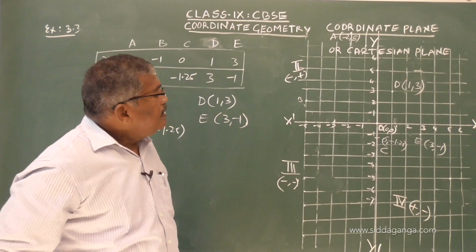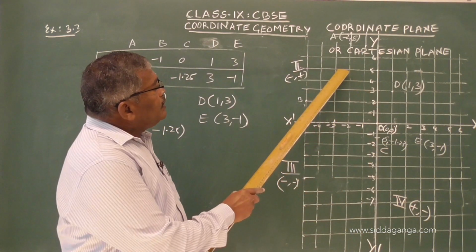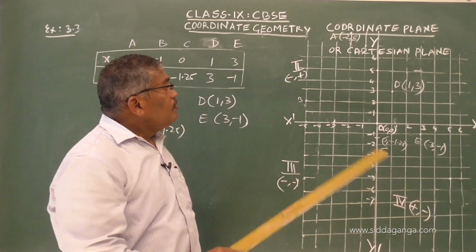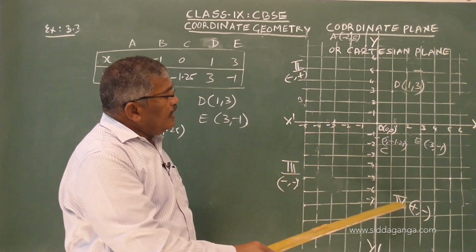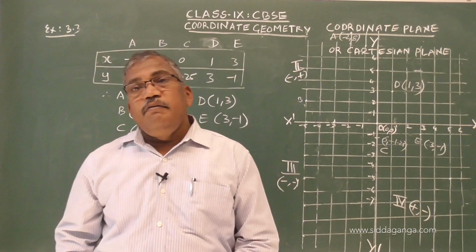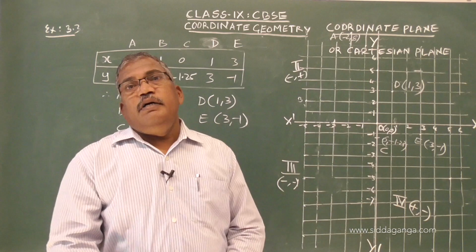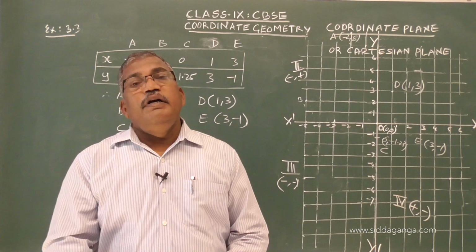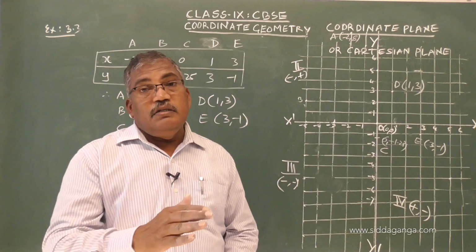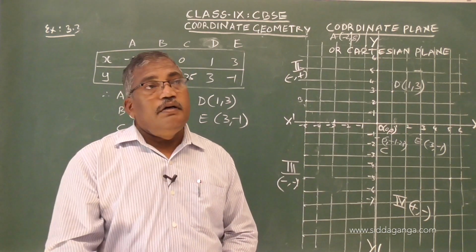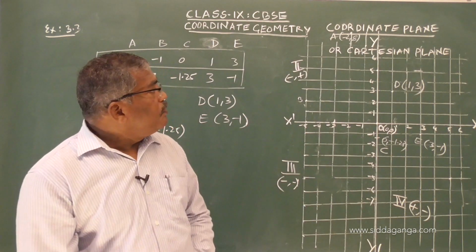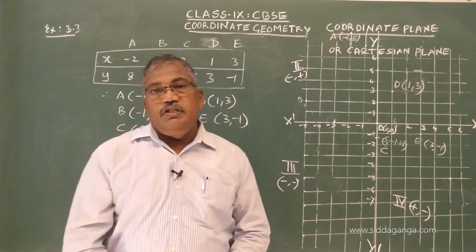Using coordinates, we can find the distance between any 2 points. We can have a diagram of any 3 or 4 points and join them, find out what type of geometrical figure we are getting, and find the area of those figures. Such other things you will learn in your higher classes. So this is all about coordinate geometry.